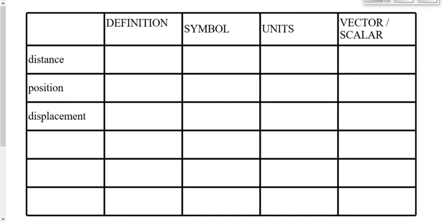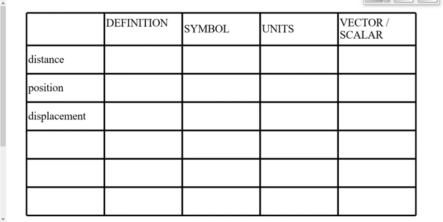Like, what are we going to write down in short form so that we know what we're talking about instead of writing down the whole word? What are the units? In other words, like when I look at this box of cereal, it says 400 grams. The units are grams, how we measure it in. And then whether it's a vector or a scalar.